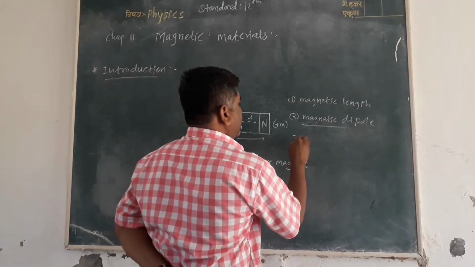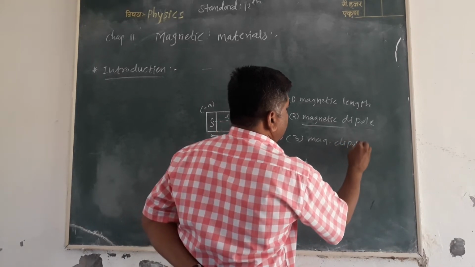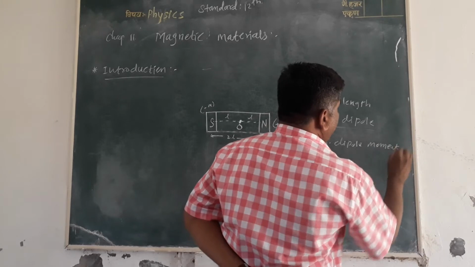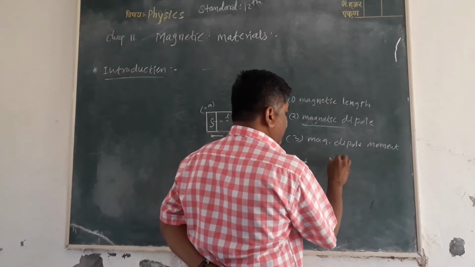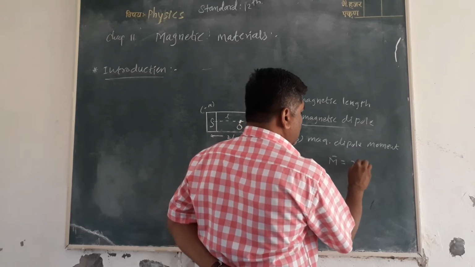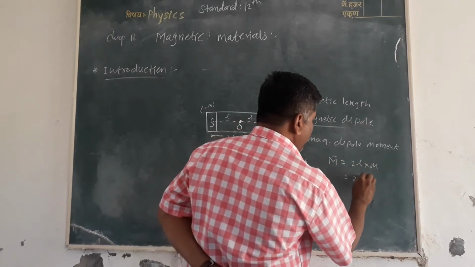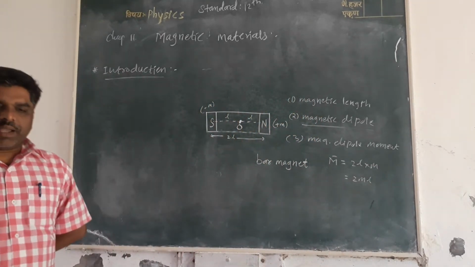And three, magnetic dipole moment. The magnetic dipole moment, capital M bar, is equal to 2L into pole strength, that is 2ML. This is the magnetic dipole moment.